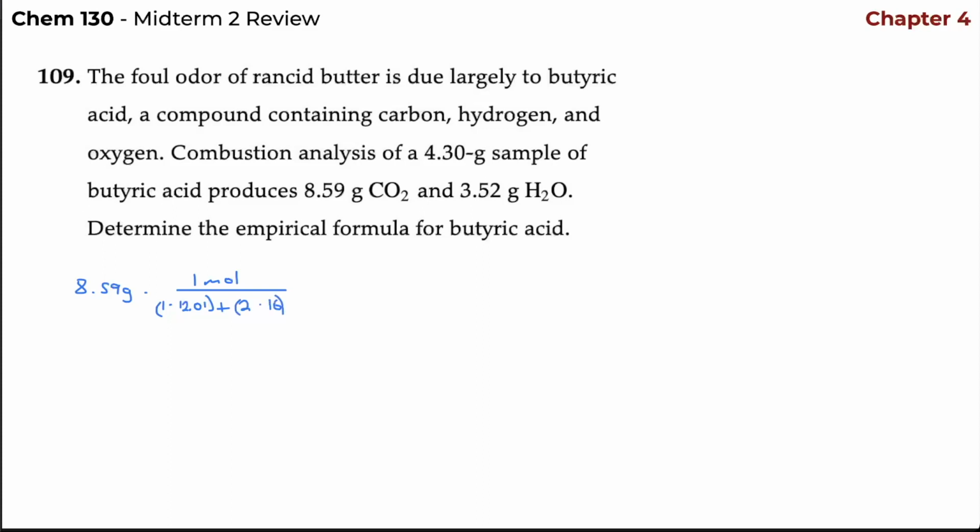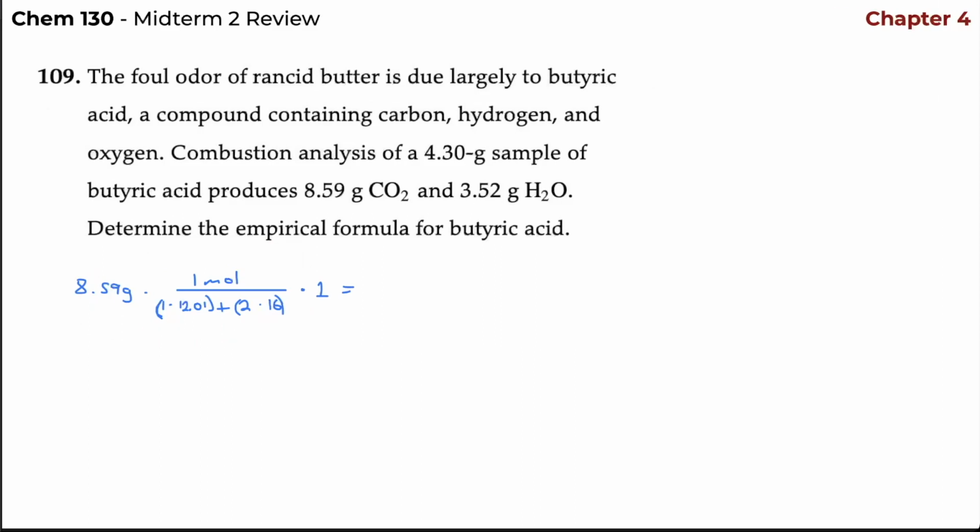Now we have the number of molecules, and for each molecule there's 1 carbon atom, so we just multiply that by 1, which doesn't really do anything, but it's a formality.